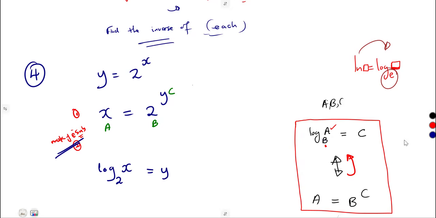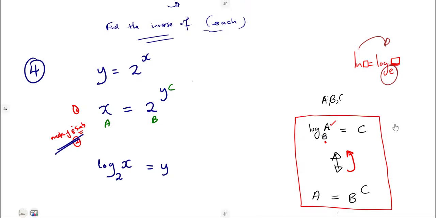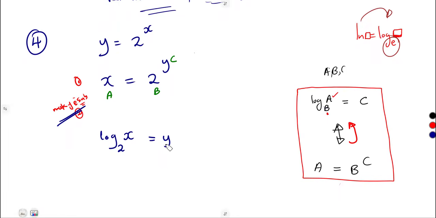We want to make y the subject of the formula, remember. y is on its own. So that's our inverse function of x that we are talking about, log x base 2.